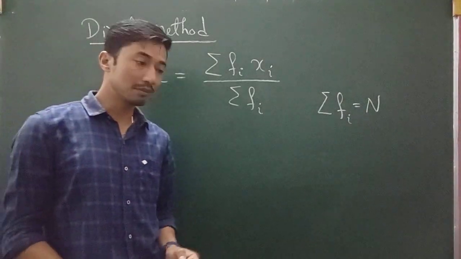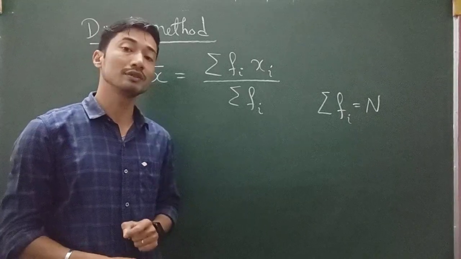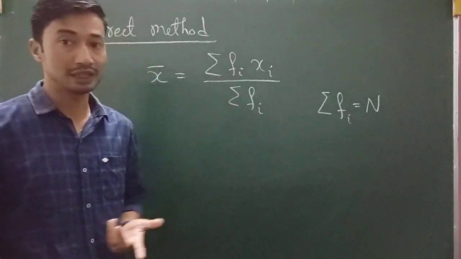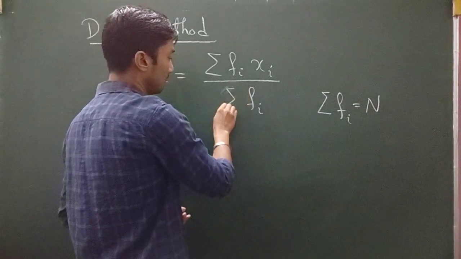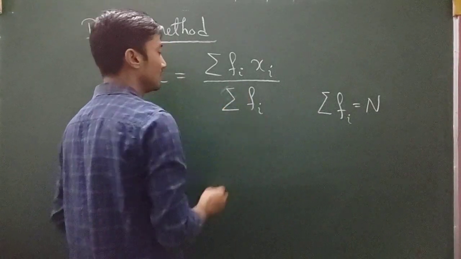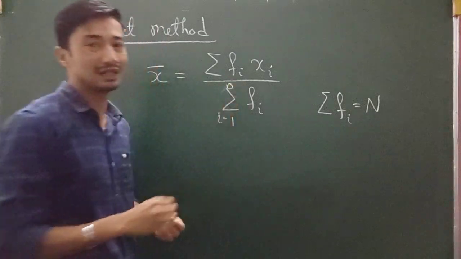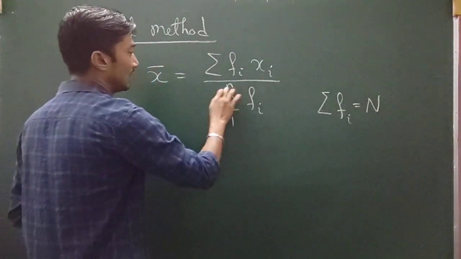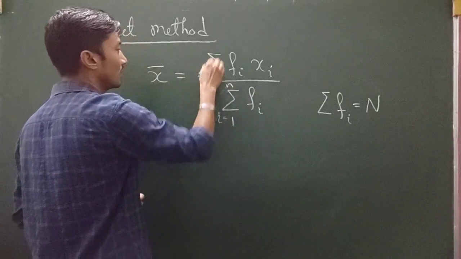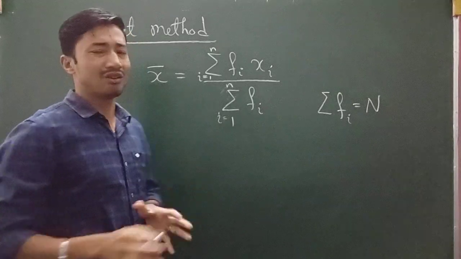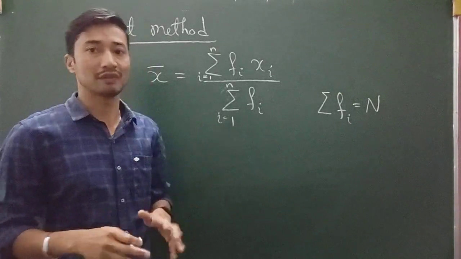Small n represents the number of observations in statistics. Capital N generally represents the total of the frequencies. Summation, I hope you know the meaning, no? Summation generally represents total. I actually goes from 1 to n, if you want to be in very much detail. So here also i goes from 1 to n. Now we can ignore all these small things, but right from the beginning, let me just give you perfect later on.